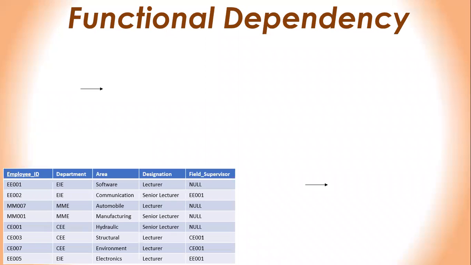So having that knowledge, now we will come to the topic of the lesson, which is the data dependencies. So the first data dependency that you come across is known as functional dependency, right? So we'll see what is this functional dependency.